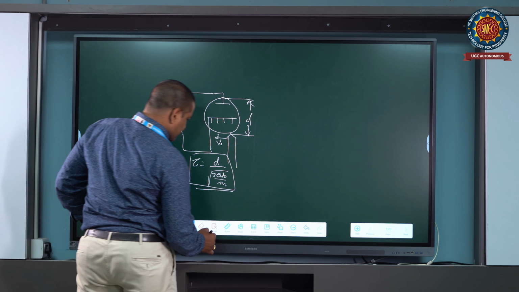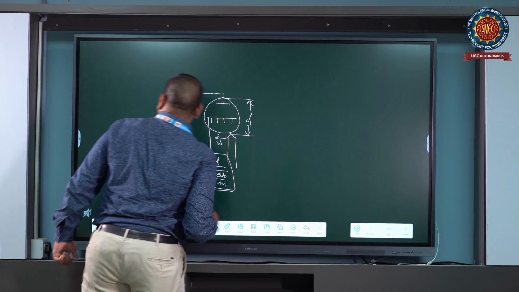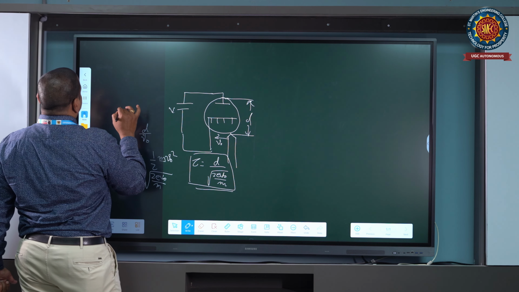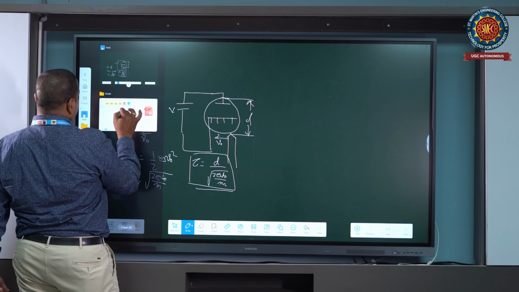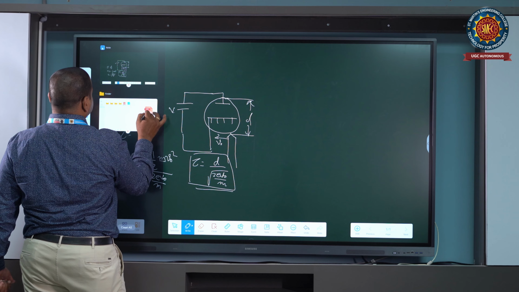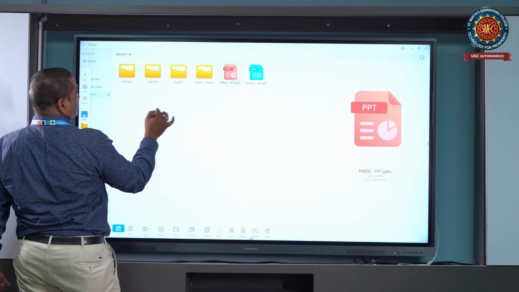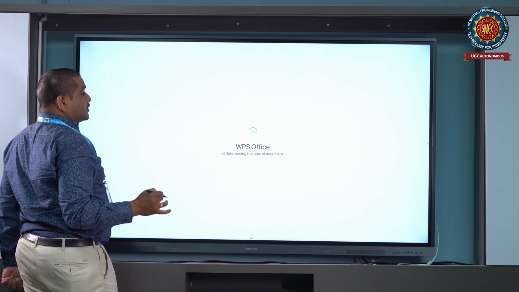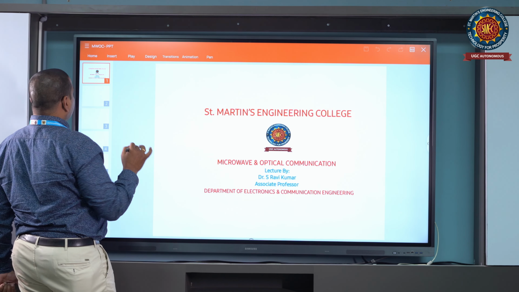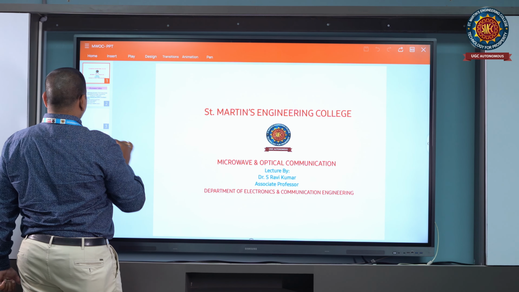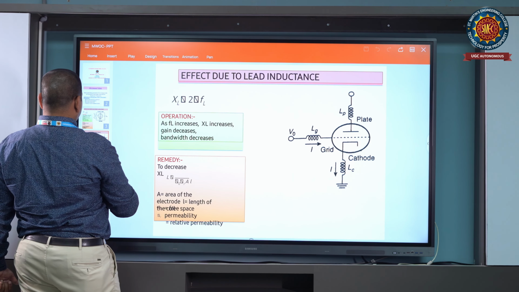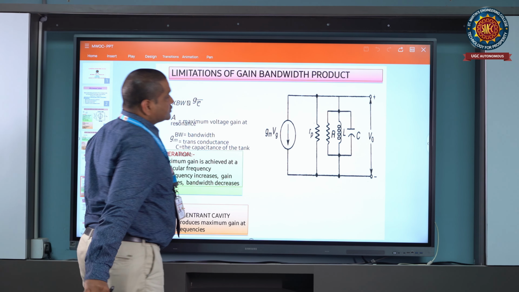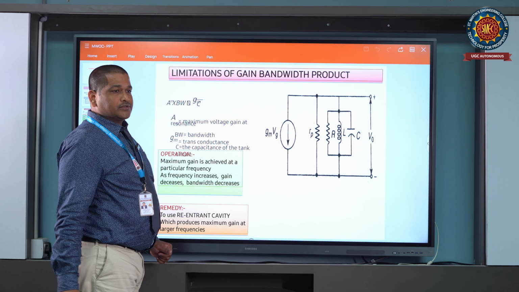Coming to the next one, other than transit time, devices also have problems like skin depth loss, dielectric loss, and different types of losses. We can also see another limitation, which is the gain bandwidth limitation.